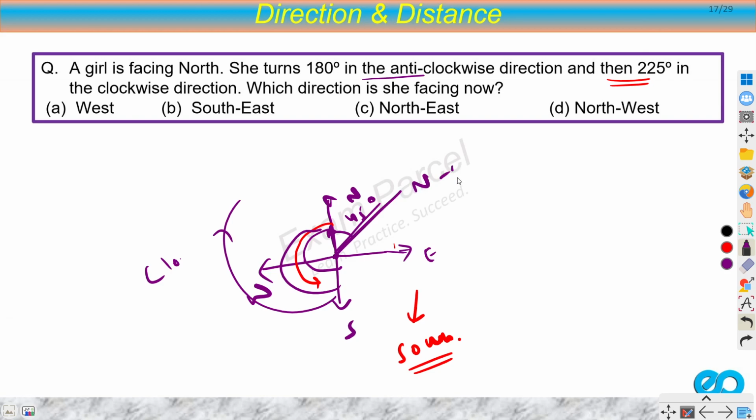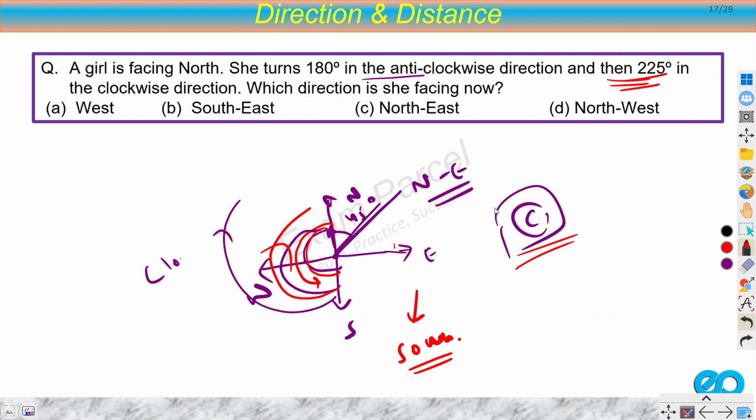And what is this position? Northeast. Northeast will be C. So this was also an easy question. She first moved 180 degrees anti-clockwise, but then she moved clockwise, this time 45 degrees extra, so 45 degrees extra from this position, northeast.